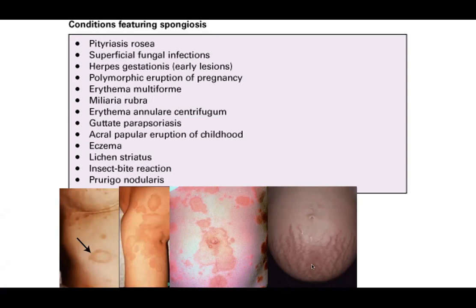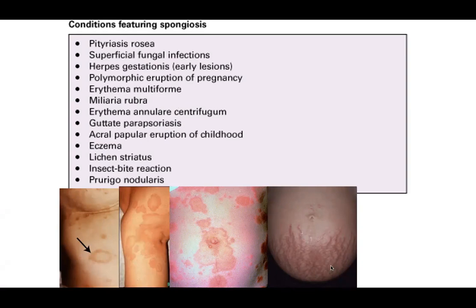Here you can see another pregnant patient. This time they've definitely got some stria, and they're probably very itchy around here. And so that could also qualify as a polymorphic eruption of pregnancy.